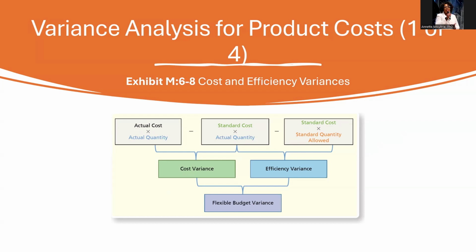In this exhibit that you see here, it outlines the formulas for calculating cost variances and efficiency variances. So you have the cost variance equal actual cost times actual quantity minus standard cost times actual quantity, okay?